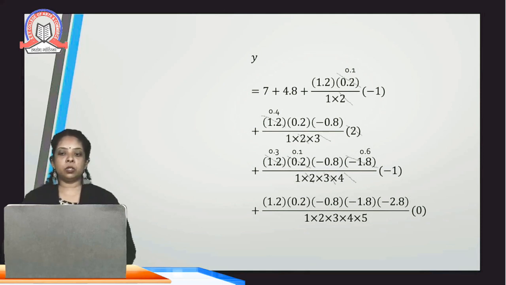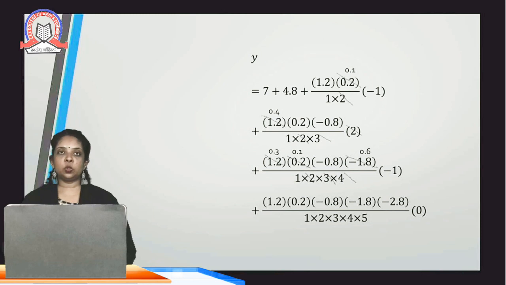You can see the 0.2 divided by 2, we get 0.1, and in the next 4th term the 1.2 is cancelled by 3, that's why we are getting 0.4, and this 2 cancels with the 2 itself. In the 5th term, 1.2 has been cancelled by 4, 0.2 has been cancelled by 2, and minus 1.8 has been cancelled by 3.